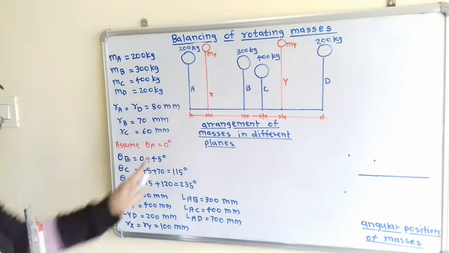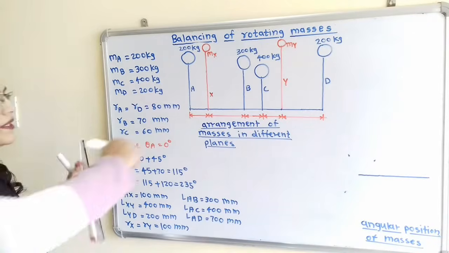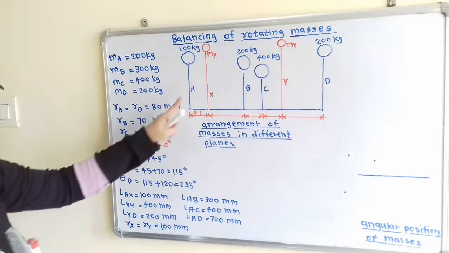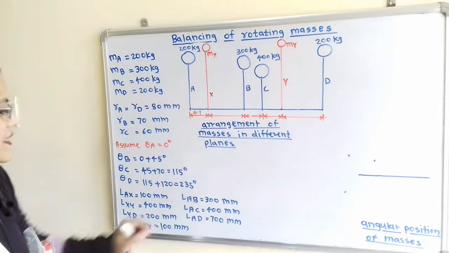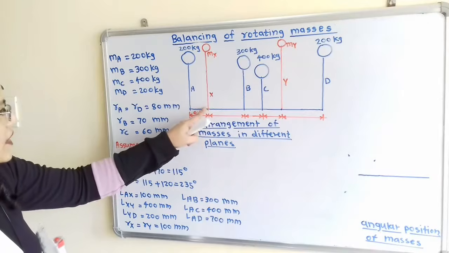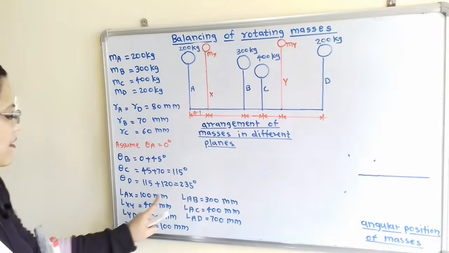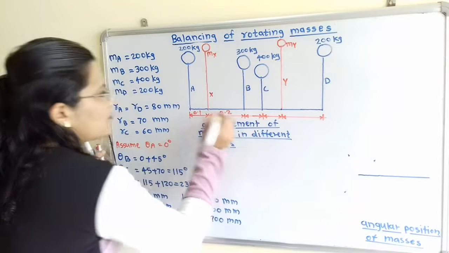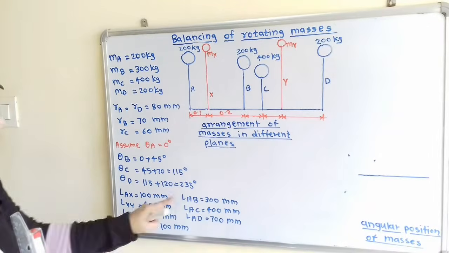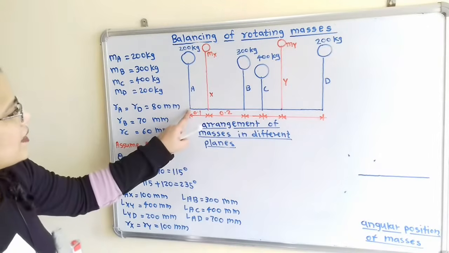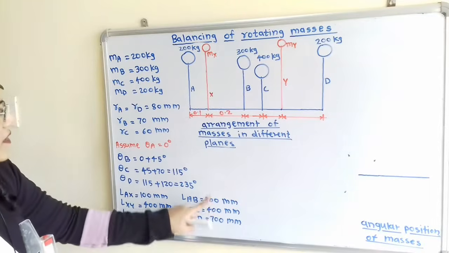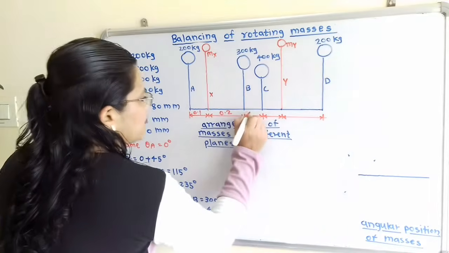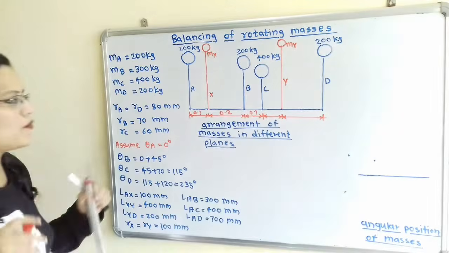In between A and X, it is 100 millimeter, that is 0.1 meter. Then in between A and B, it is 300 millimeter. So in between X and B, it is 300 minus 100, that is 200 millimeter. So here is 0.2. Then in between A and C it is 400, and 400 minus 300 is 100 millimeter, so I will write here 0.1.